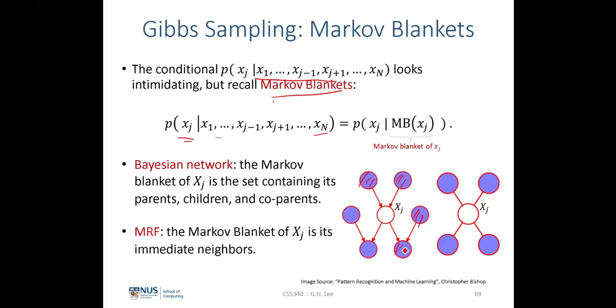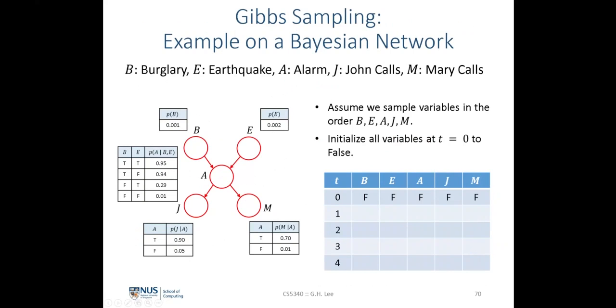So in terms of the Bayesian network, this would be the parents, co-parents, and the children of the random variable xj. And in the case of a random field, it will be easy. This is directly the immediate neighbors of the random variable xj according to the Markov property.